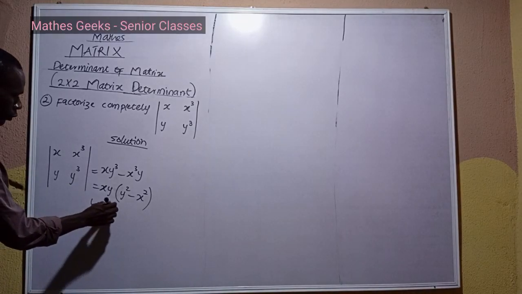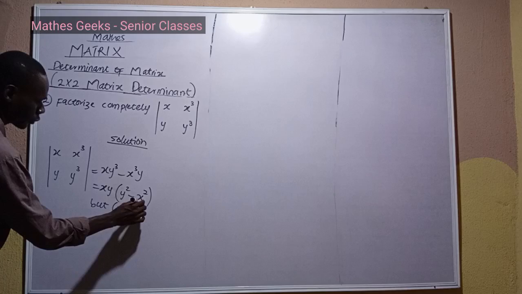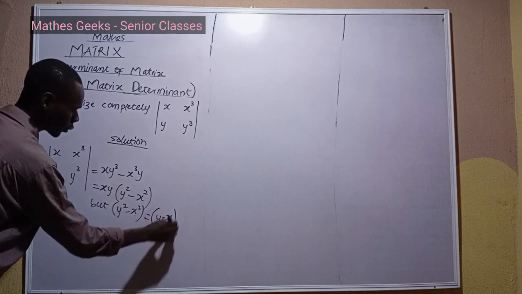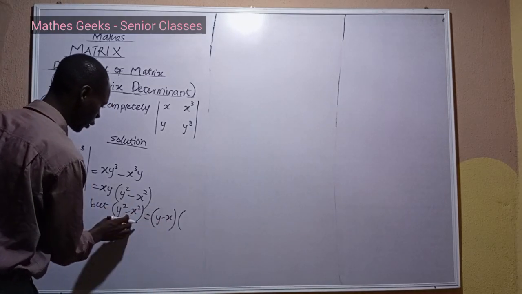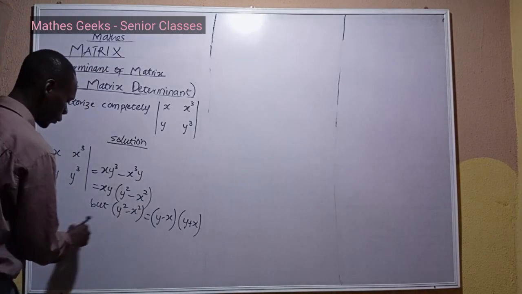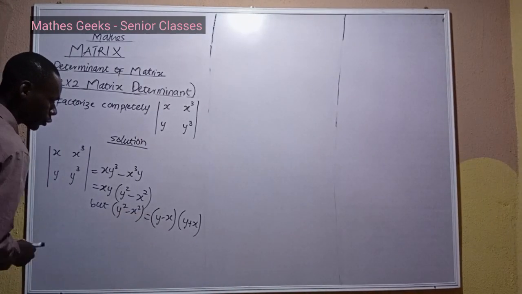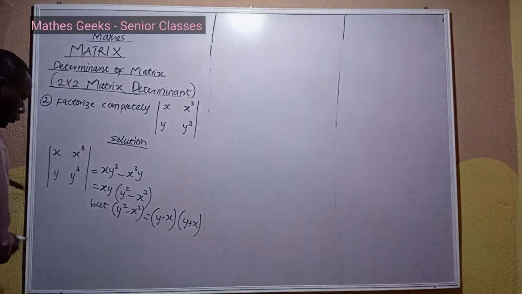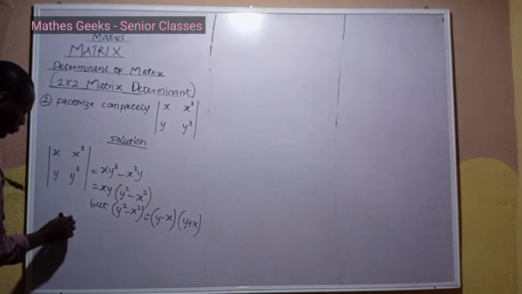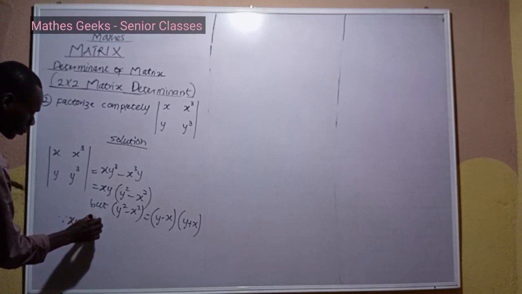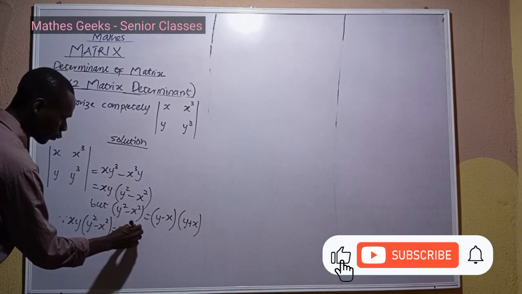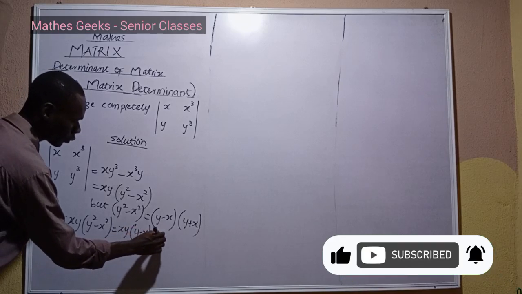But y squared minus x squared is the difference of two squares, which equals y minus x times y plus x. Therefore xy times y squared minus x squared equals xy times y minus x times y plus x.